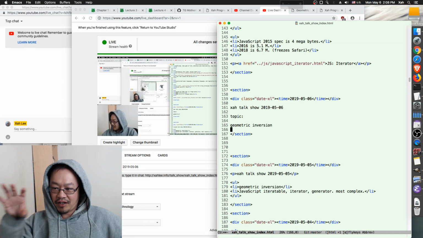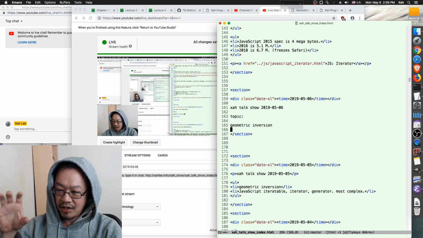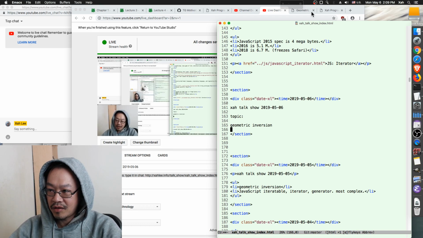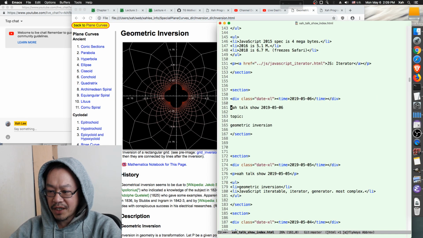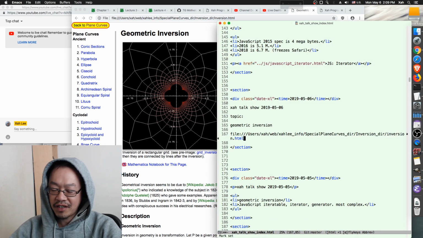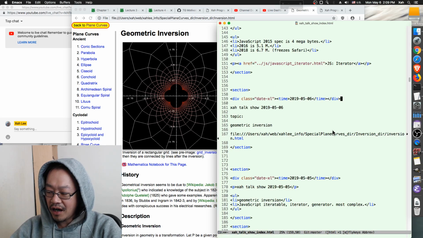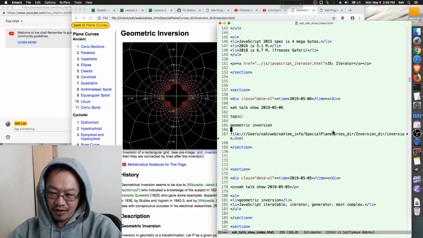We're going to cover these topics. I'm going to teach you, in essence, about these topics. Geometric inversion. It's beautiful, even from the art perspective, just for decoration.